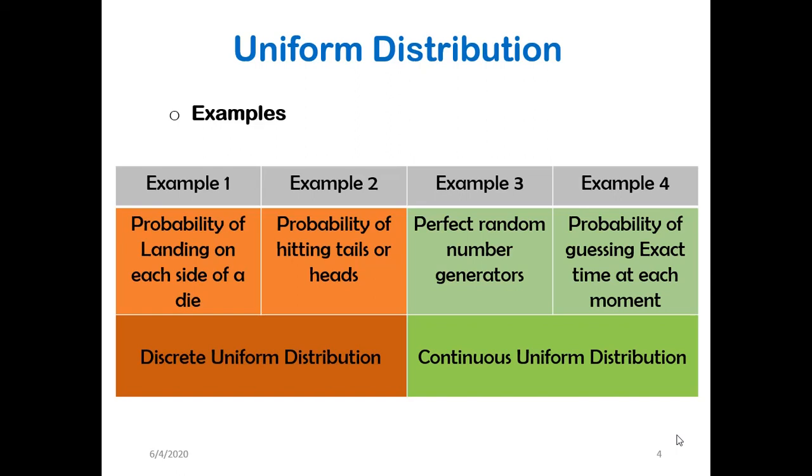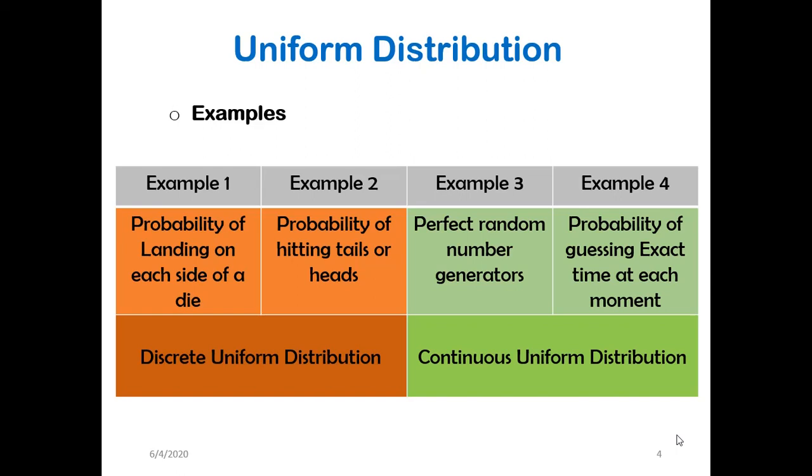Or if you ask someone to guess the time, you just ask your friend, what's the time? Can you guess? So if you ask 5, 3, or 2 persons, each one will guess the time which he or she thinks is correct. But whoever guesses, the guessing will follow uniform distribution in the context that whichever time one will tell you, the likelihood or the probability will be the same.